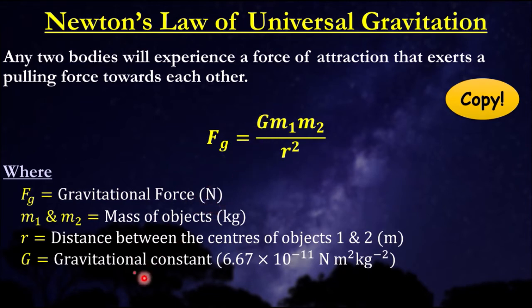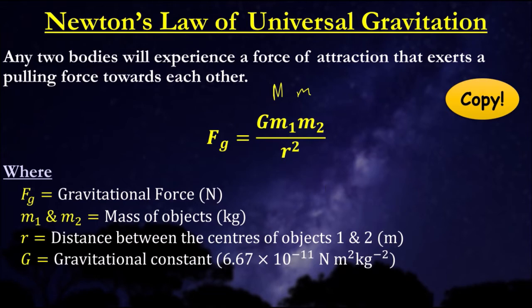Big G is the gravitational constant, in newton meters squared per kilogram squared. We can see that mass 1, mass 2, so you could write M1, M2, or you could write the convention that we talked about earlier, big M, little m.